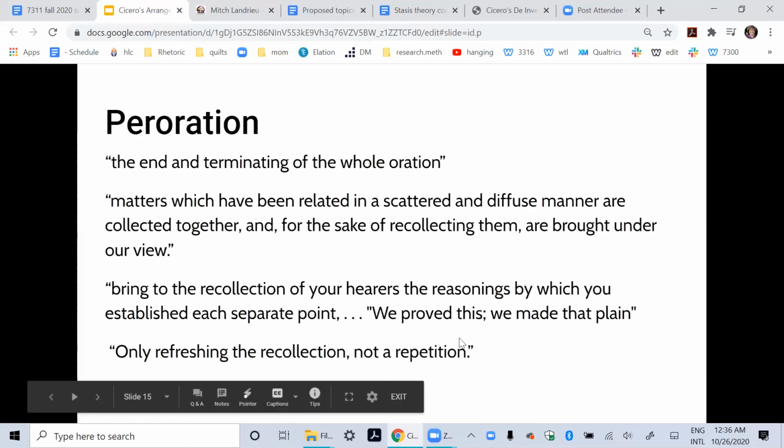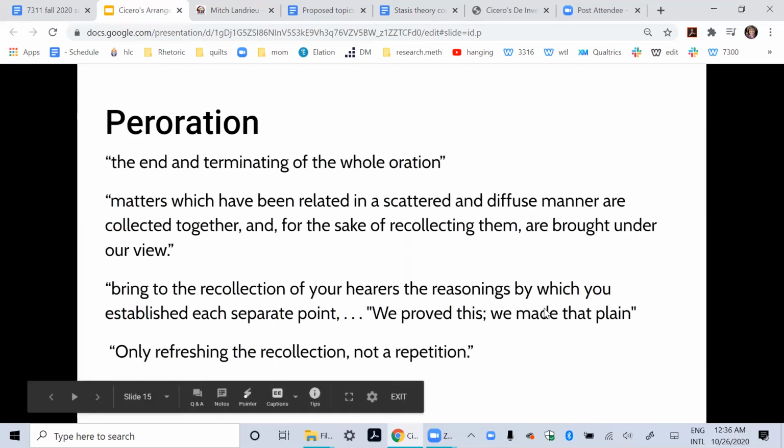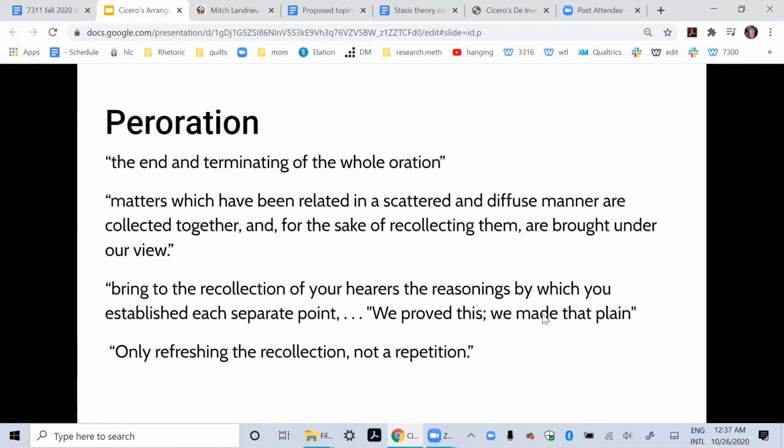He says, matters which have been related in a scattered and diffuse manner are collected together, and for the sake of recollecting them are brought under our view. Or he says, bring to the recollection of your hearers the reasonings by which you established each separate point. We proved this, we made this plain. And he also points out that you're refreshing the recollection, not repeating.